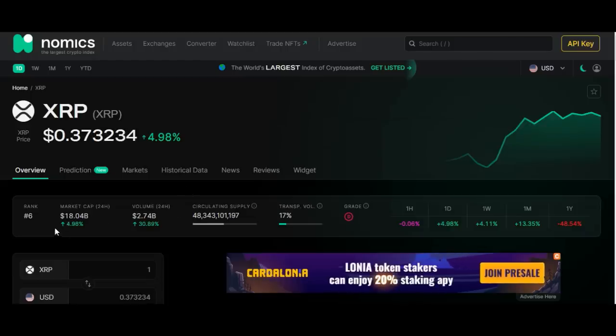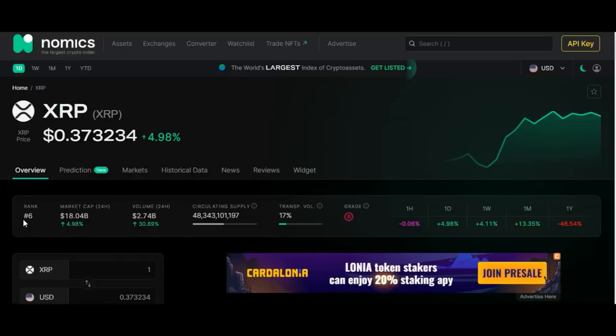Okay, the next thing I looked at here was XRP. There's good news with XRP in the various court cases going on right now. They're getting some wins under their belt. But we're just looking at price alone. Over the last week, XRP is up 4.11%. The reason I also looked at XRP is see how it's number 6.